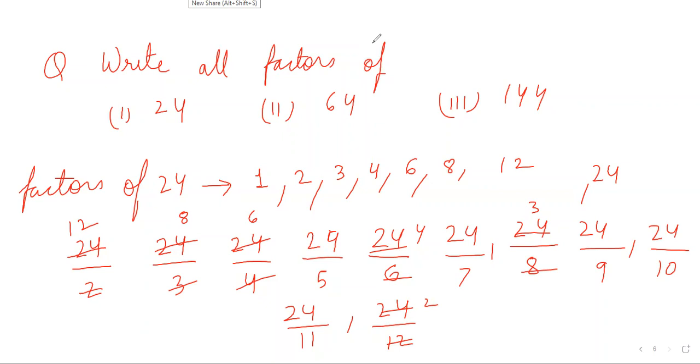The answer which you have sent me, 8 is missing. Okay, so this is how the factors of any number are found. So have you understood this? Yes. Okay, so let's do the factors of 64.